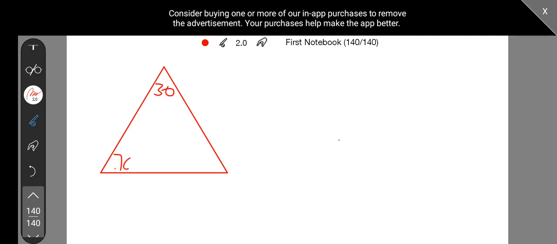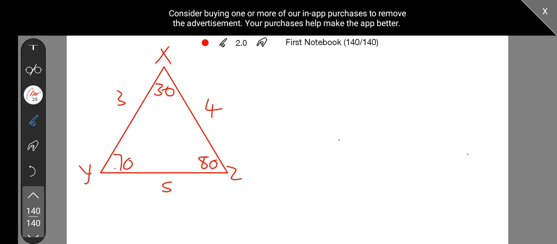We've got 70, and here we're going to have 80. Okay, so let's say here the side is 3, here it's 4, and here is 5, and we've got letters, let me use X, Y, Z this time. X, Y, Z. So find the area.